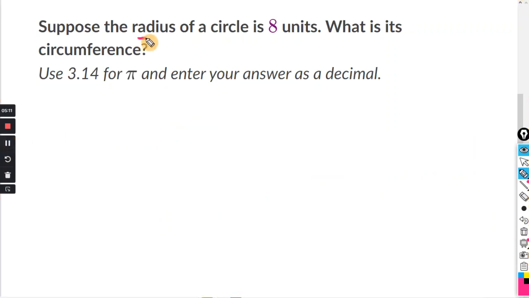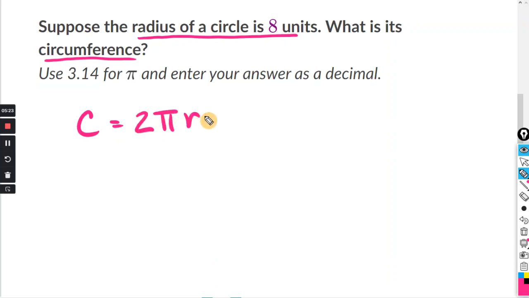Here it says the radius of the circle is 8 units. They want us to find the circumference. As always, we know that circumference is 2 times pi times r, or pi times diameter. Since we're working with the radius, we don't need the one with diameter.